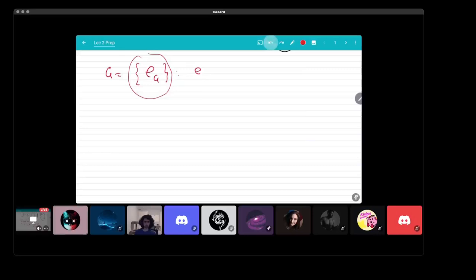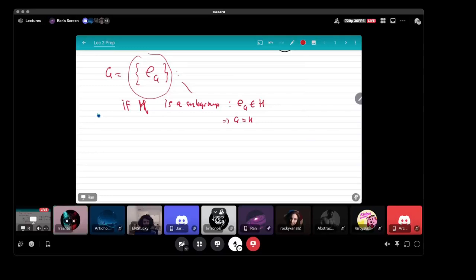If H is a subgroup of G, by definition the identity element must be contained in H. And since there's only that element in G, it means that the whole of G is contained in H, and so G is H itself. Actually, I'm not sure.